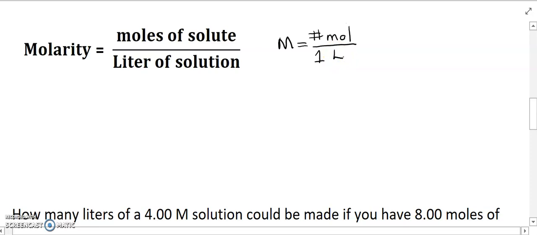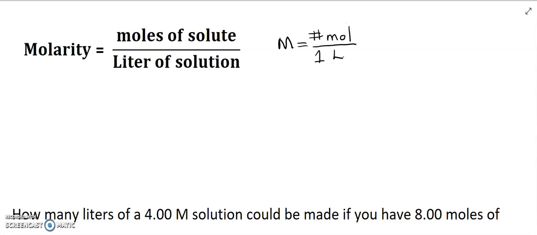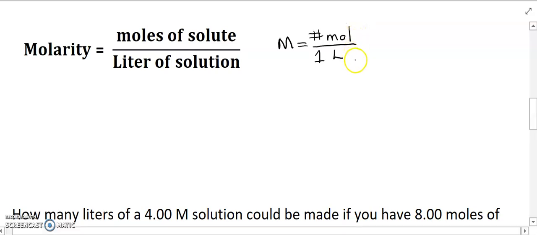Now, molarity as moles per liter becomes much more functional than molarity as a capital M. In chemistry problems, I never use a capital M. I always change it to moles on top and liters on the bottom, because that makes it much more friendly. When we take a look at it as moles per liter, it works very much like a molar mass would do in a gram to mole conversion.